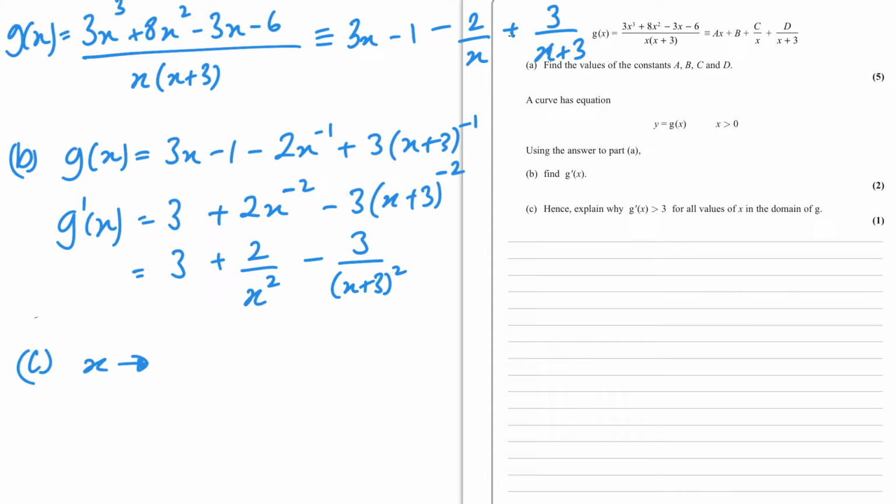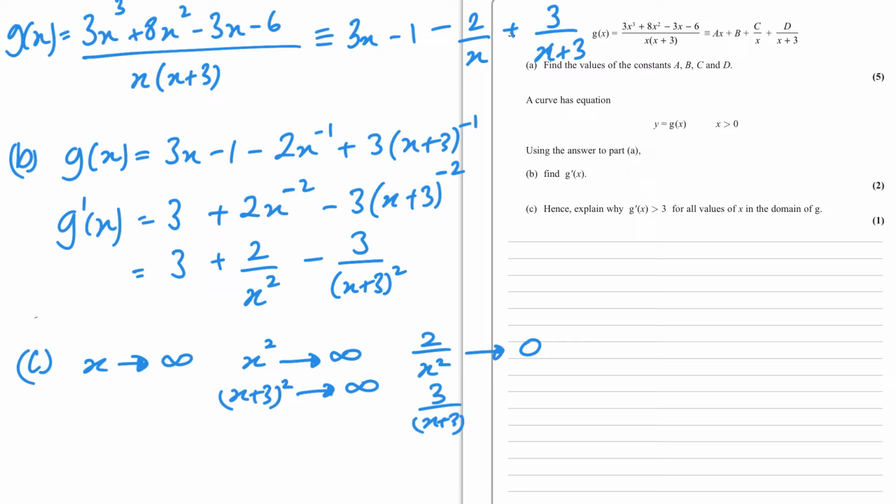As x is tending towards infinity, x squared is tending towards infinity, and that x plus 3 also tends towards infinity. What that means is that 2 over x squared would actually be tending towards 0. 3 over x plus 3 squared tends towards 0.